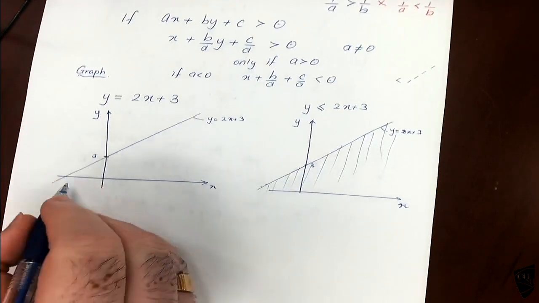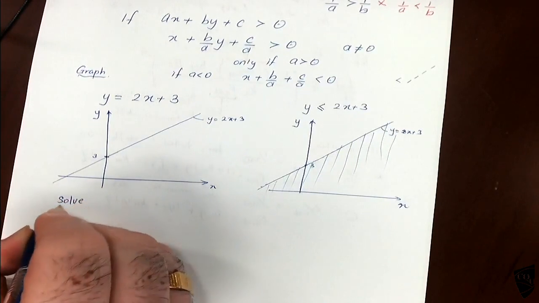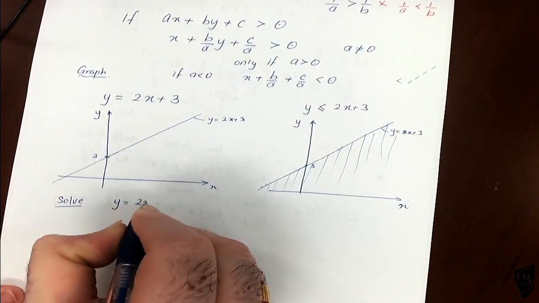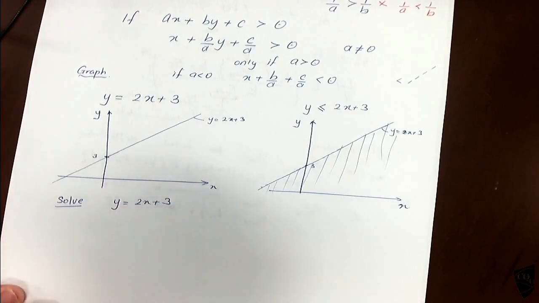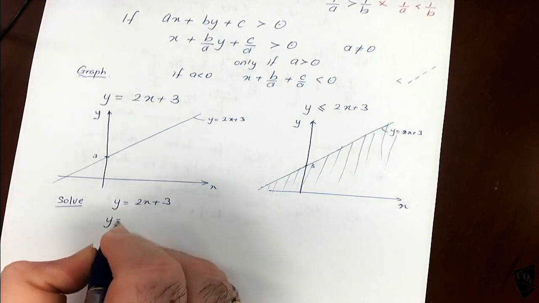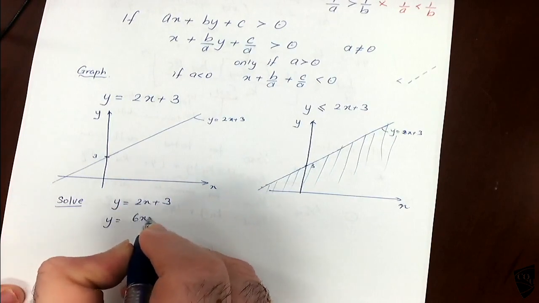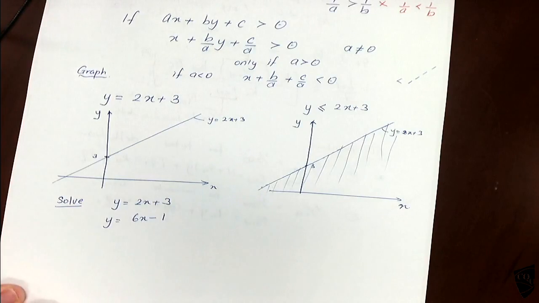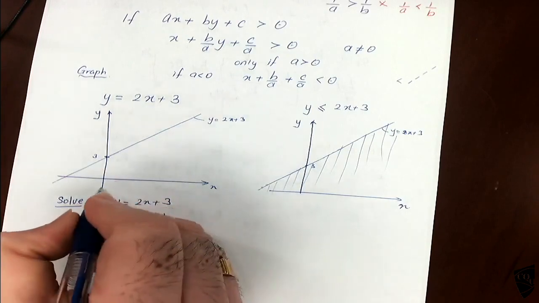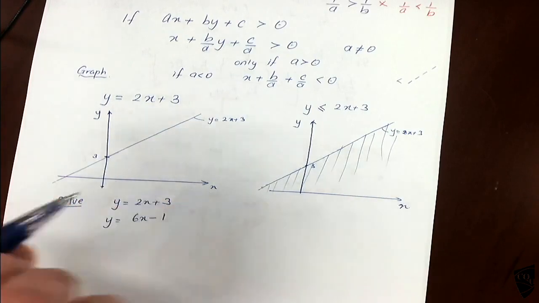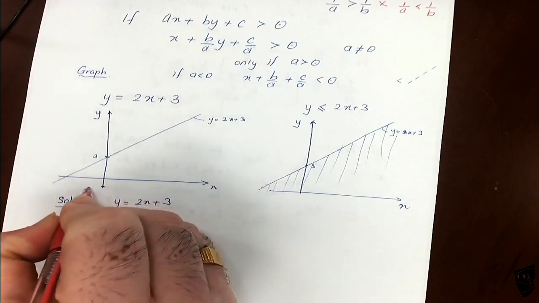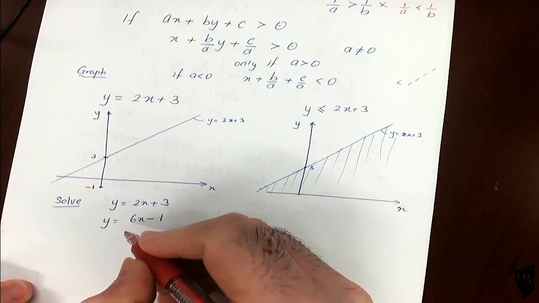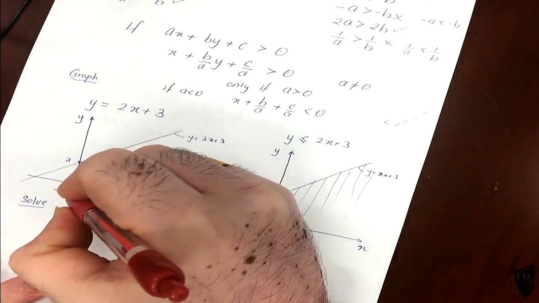So if I ask you to solve y is equal to 2x plus 3 and y is equal to 6x minus 1 using a graph, minus 1 is somewhere here, and 6x has a little bit larger slope.